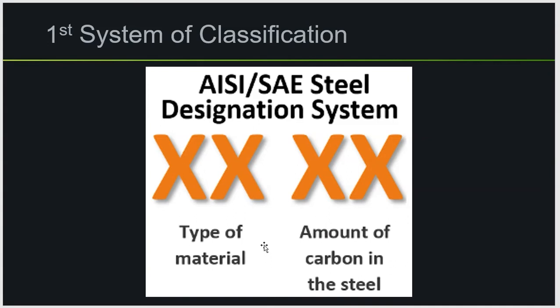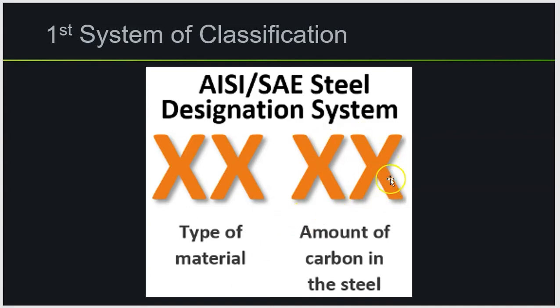I know it could be a little confusing at first, but the first two numbers are going to tell you the type of steel. Now, this is based off of the alloying elements that are being added to the steel. So the alloying element that is being added to it the most, it has the highest percentage of all the other alloying elements. This is going to be the type of material, or rather the type of steel.